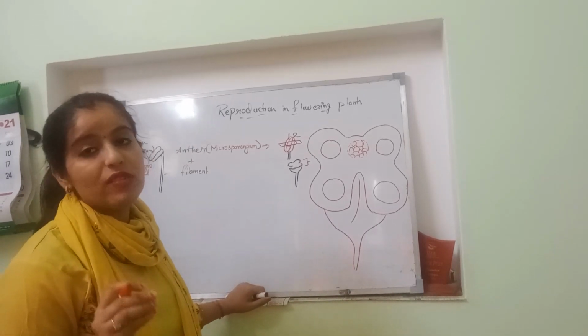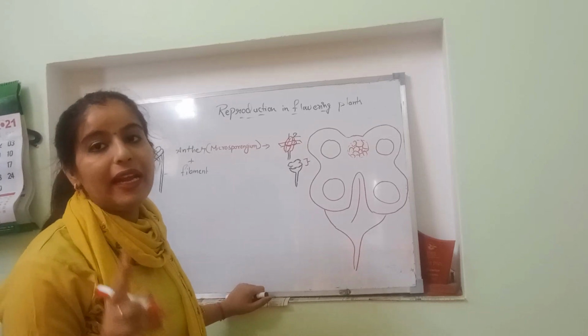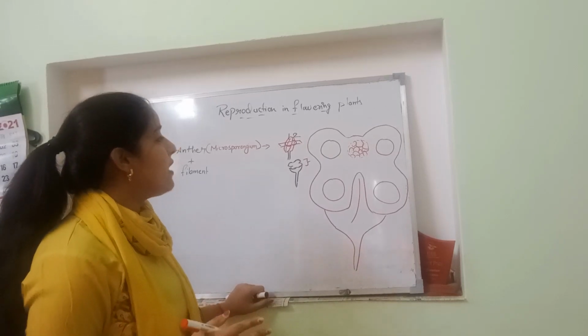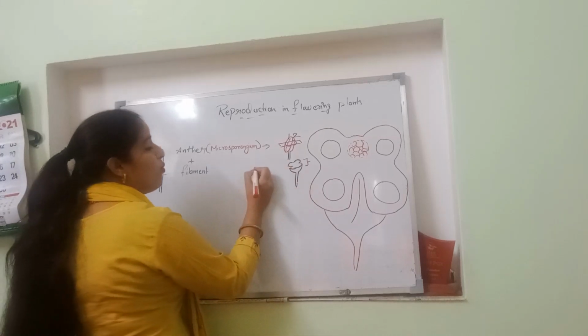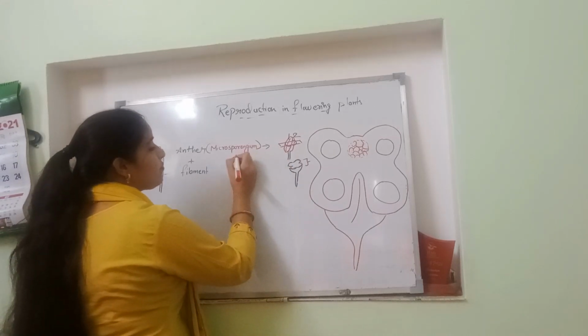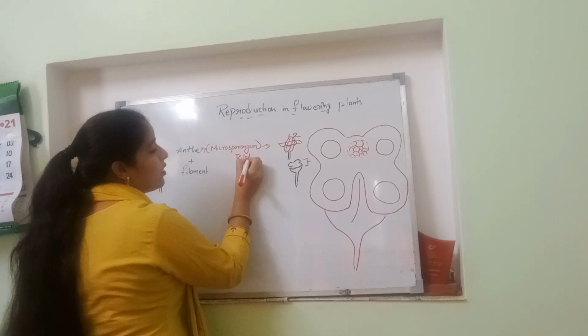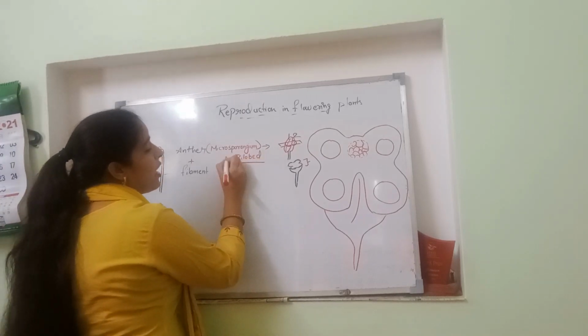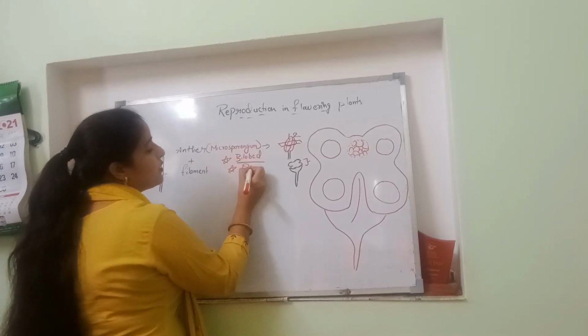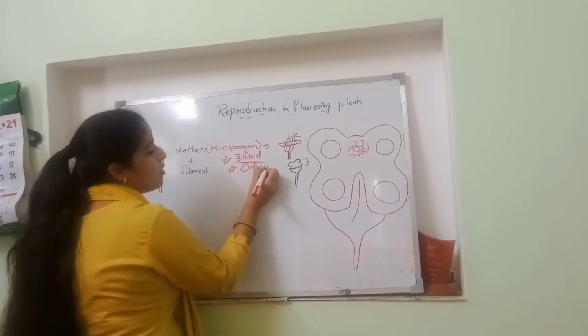Each lobe is having two such cell layers. So the anther is a bilobed and dithecous structure.